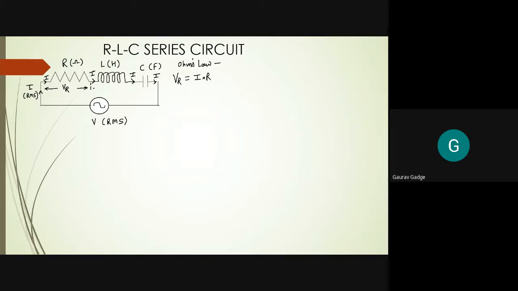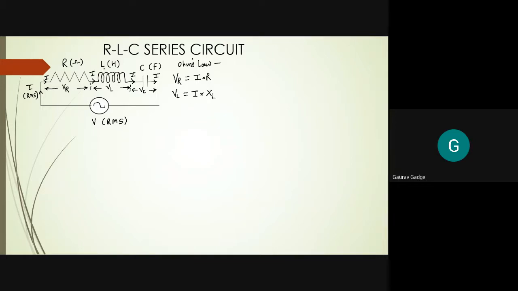Now when the same current passes through the inductor, that gives another voltage drop across the inductor, that is VL. The third voltage appears across the capacitor, that is VC. VL can be given by the equation I into XL, and XL is the ohmic element of the inductor.